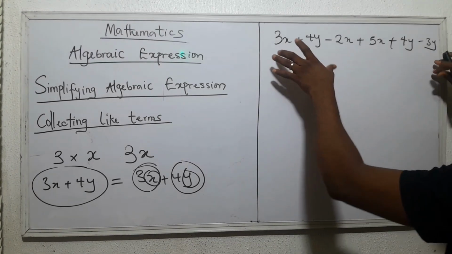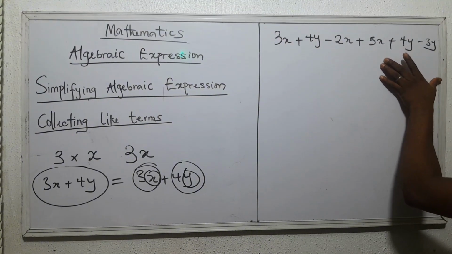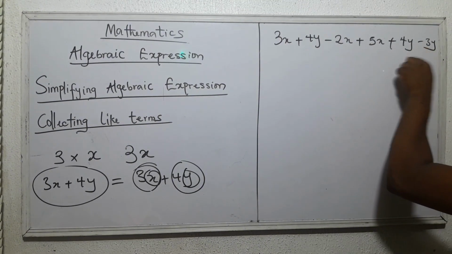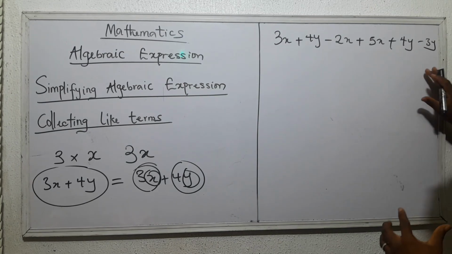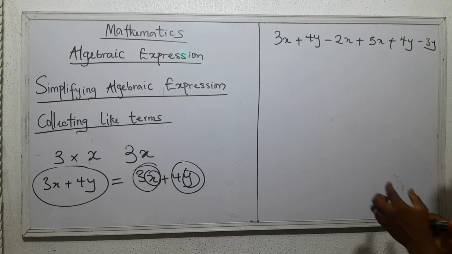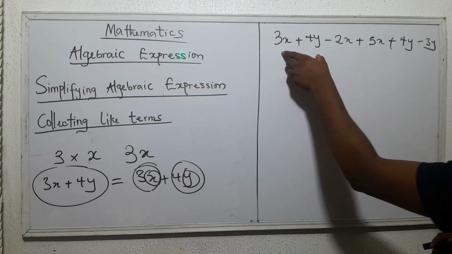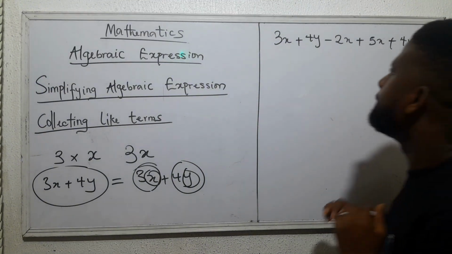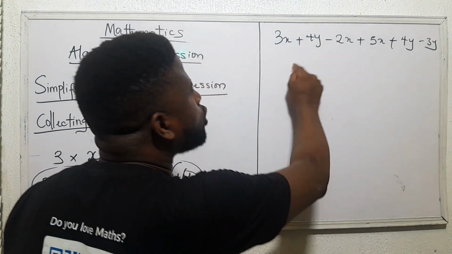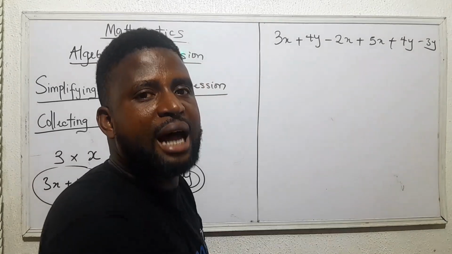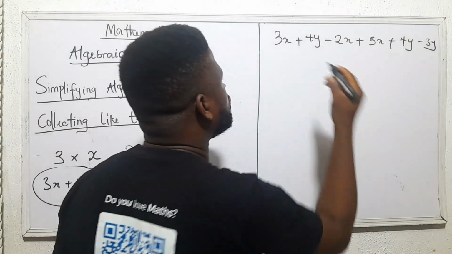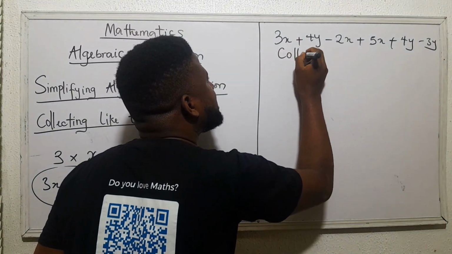This is an algebraic expression that contains how many terms? 1, 2, 3, 4, 5, 6. So it contains 6 terms. Now we can only go ahead to simplify this expression by collecting like terms, because you cannot add or subtract terms that are not of the same variables. So the first thing to do is to collect like terms.